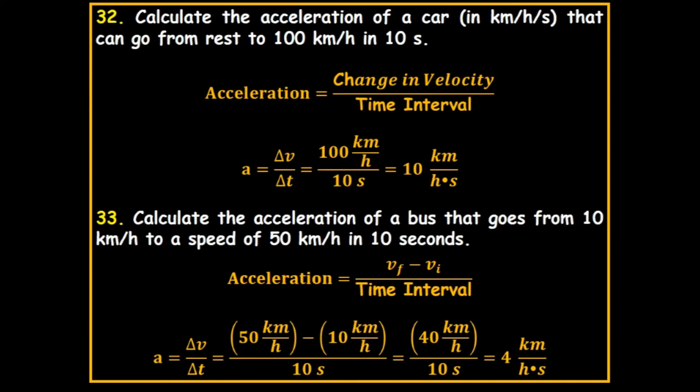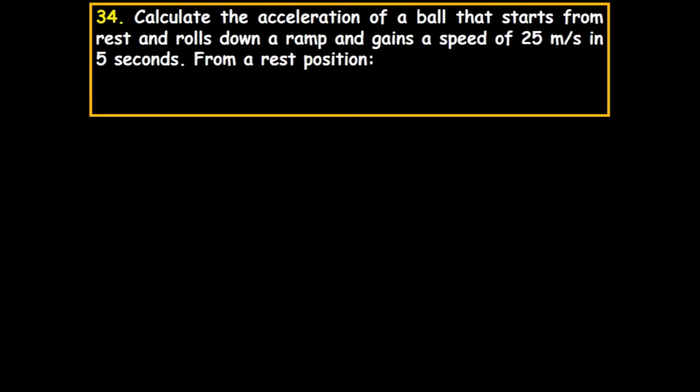It would just be 50 minus 10, which is 40, divided by 10, which is 4 kilometers per hour per second. Pretty tricky, that one. I'm being facetious.